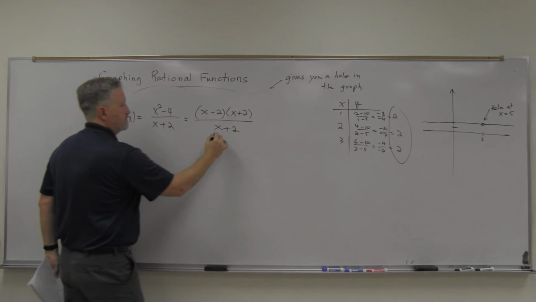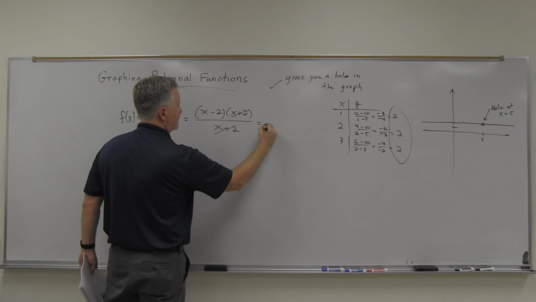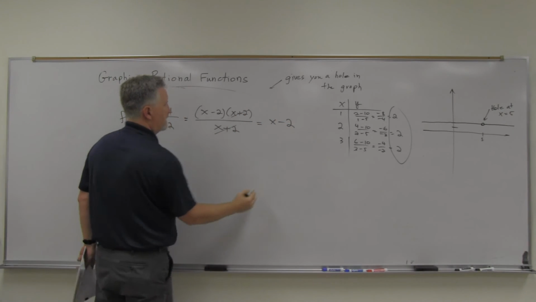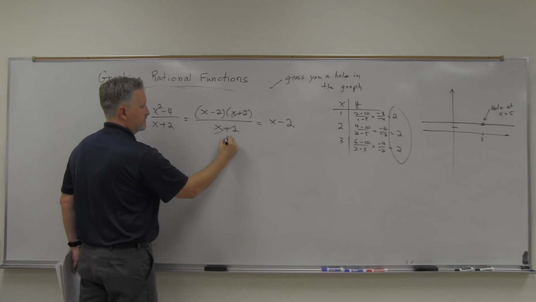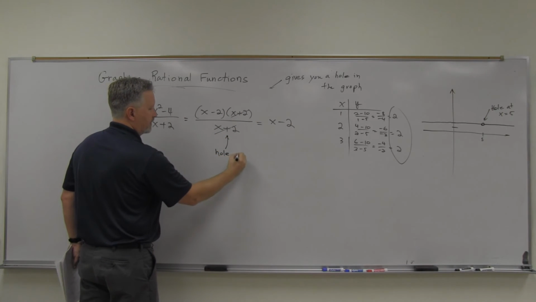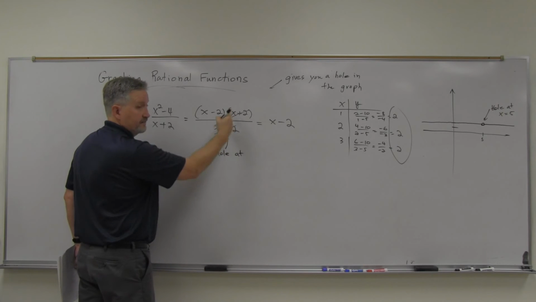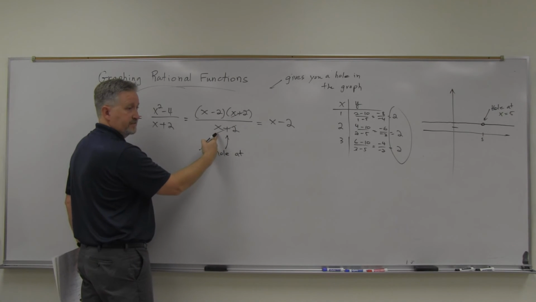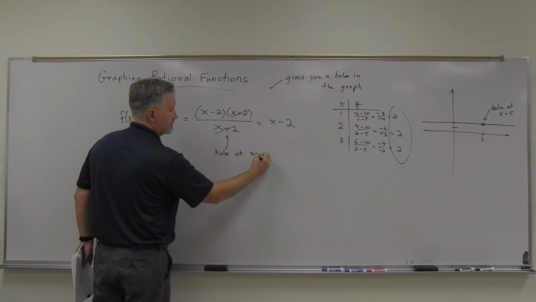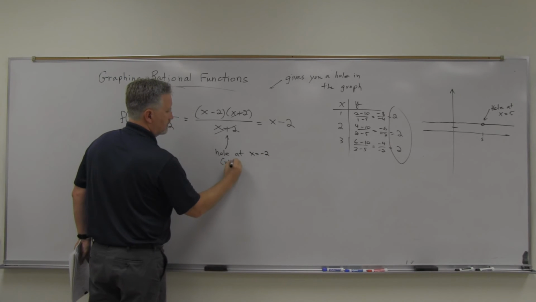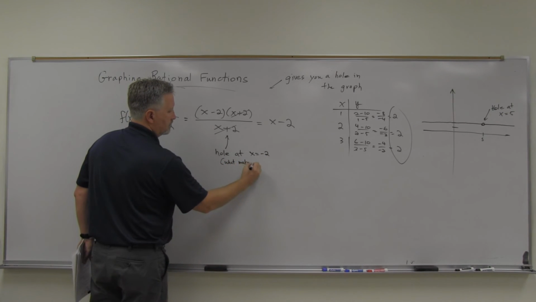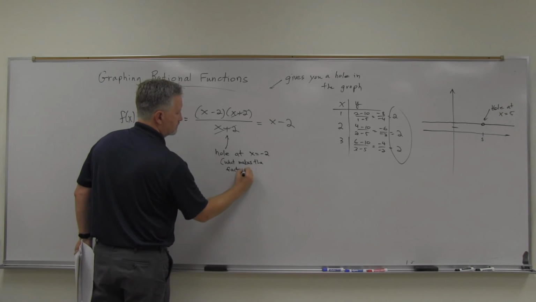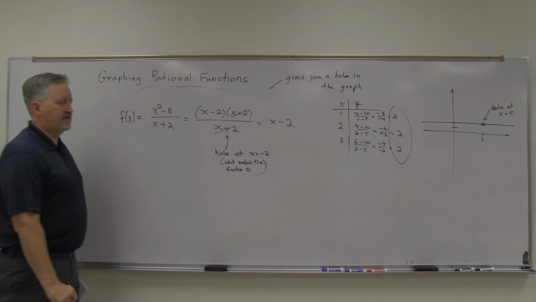So the x plus 2 does cancel. It just leaves me x minus 2. But what does this leave me? A hole at where? Negative 2, right? What makes the denominator 0? So it'll be at negative 2.